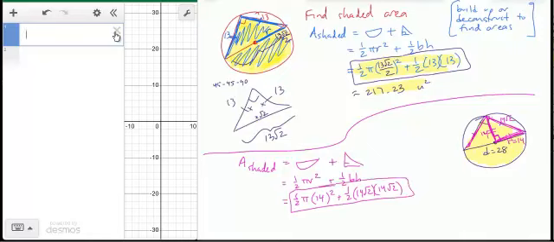So if I'm typing this in, I would just put my formula here. And if you're calculating that formula, you can do so. And you get 503.88.